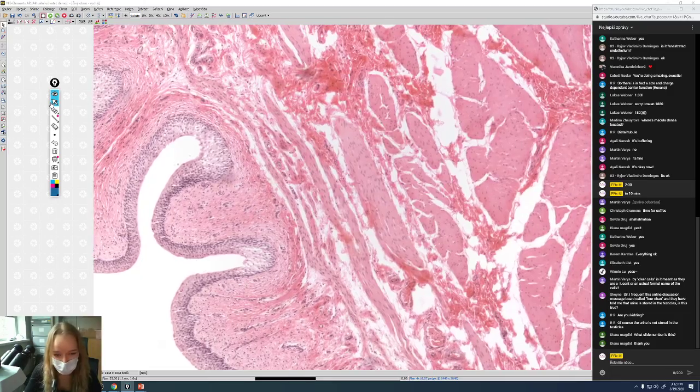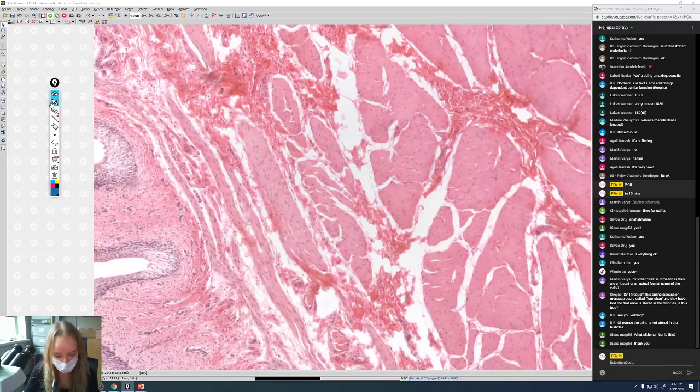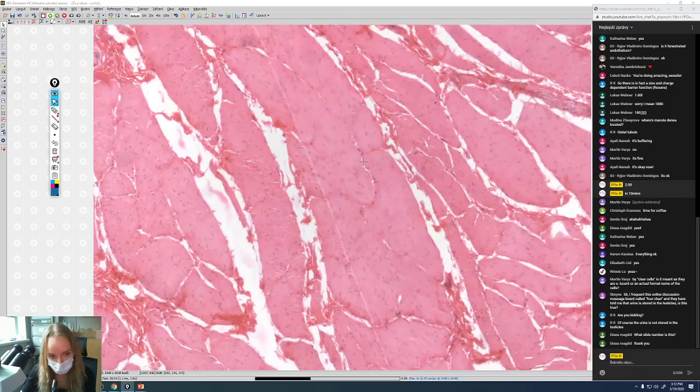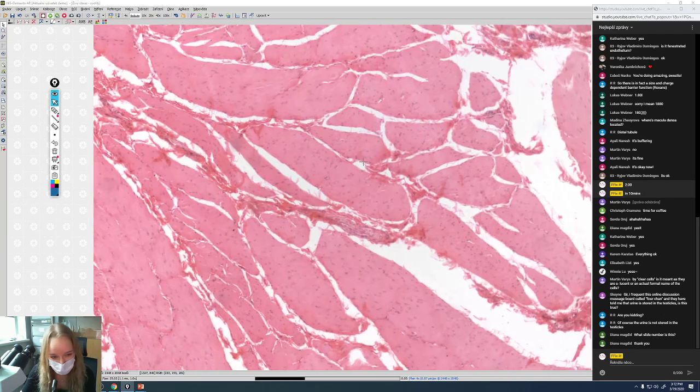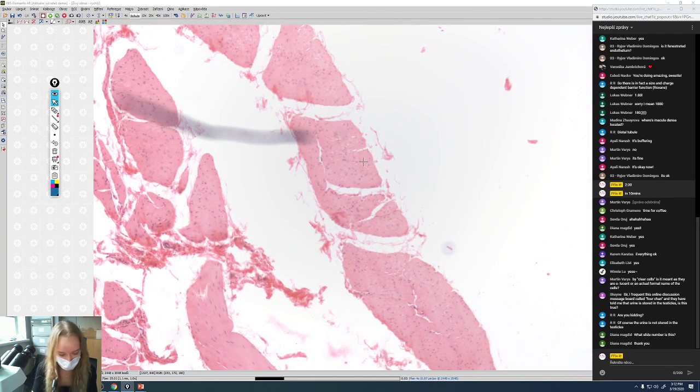The muscularis layer is thick. So right here, what we can see is this plexiform layer. There's just a thin layer here. And this whole smooth muscle cells here, here, here, this is almost all the circular layer. And we can see right here that is an artificial cut. So, yeah, we're basically not able to see the longitudinal layer itself.